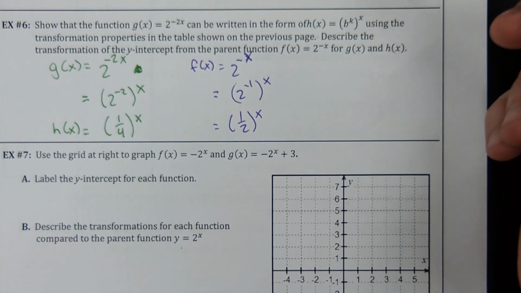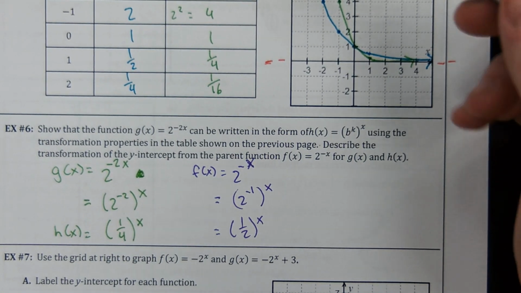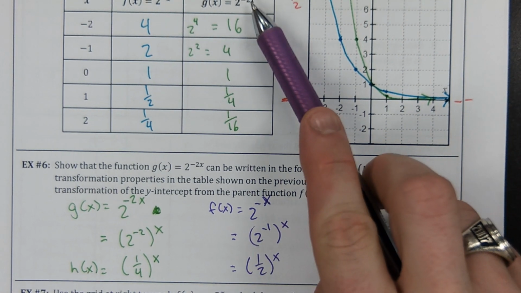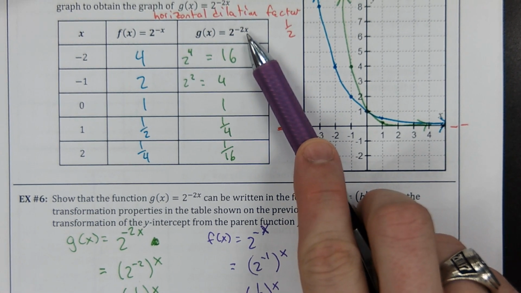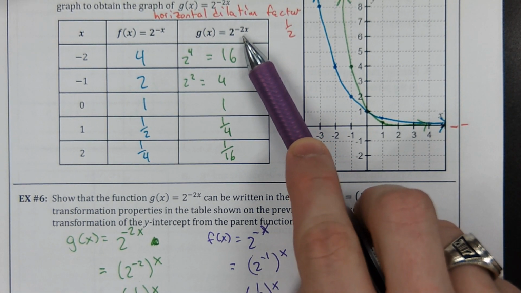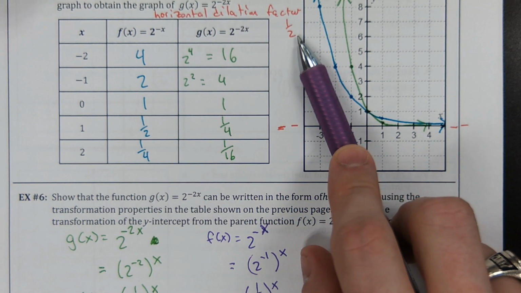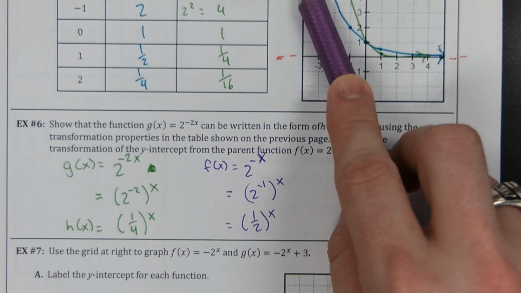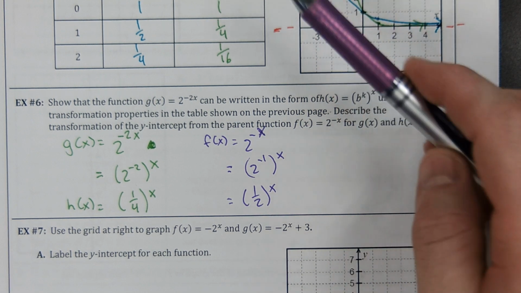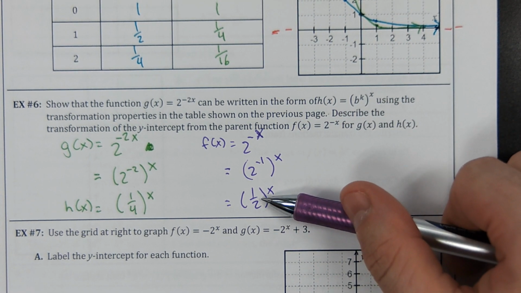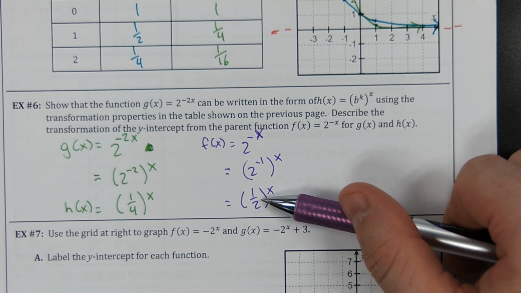Look at that. Multiplying my x's by 2 is a horizontal dilation of factor 1/2. But I get the exact same result if I double my base. So neat.